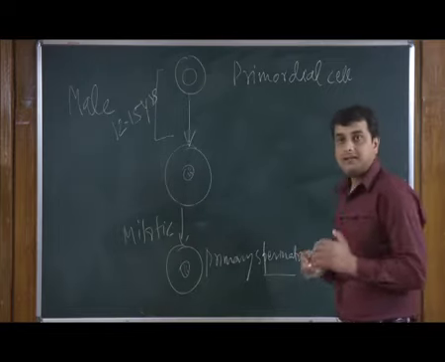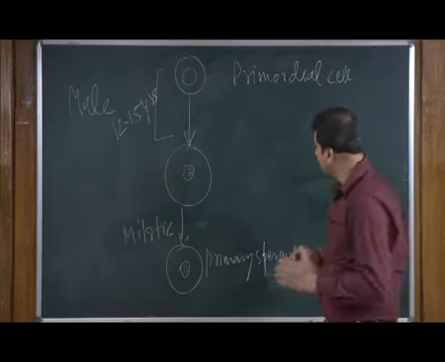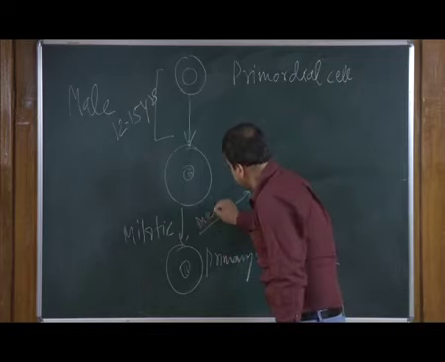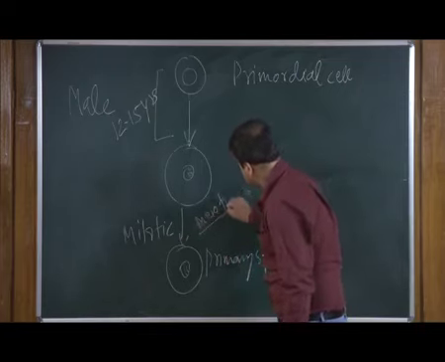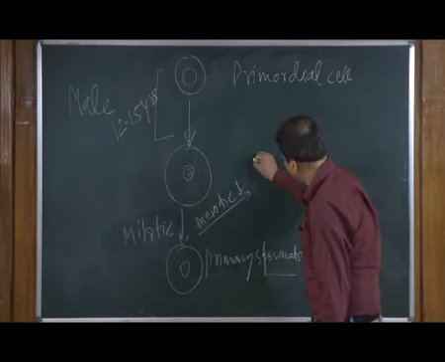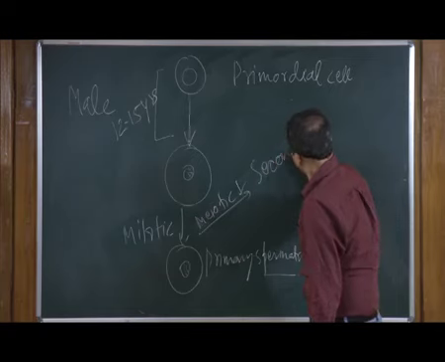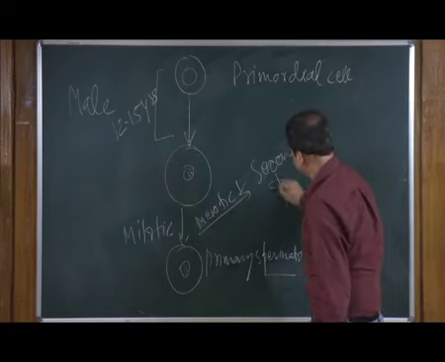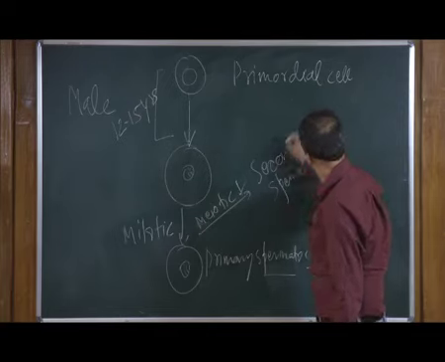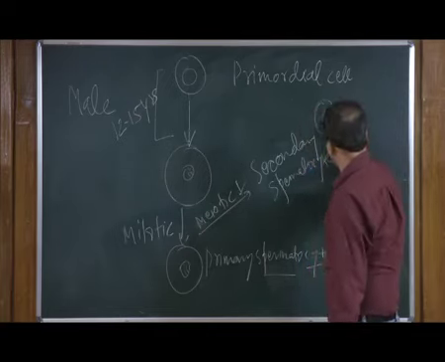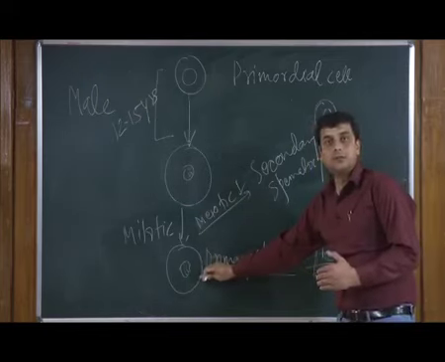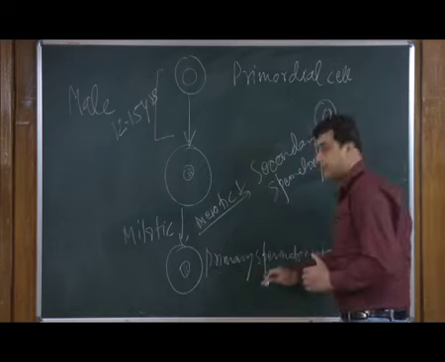So, this primary spermatocyte is going to undergo a process called meiotic 1 and meiotic 1 will give a secondary spermatocyte. So, we will eventually get two cells and these two cells are having half the chromosome number what was there earlier in the primary spermatocyte.